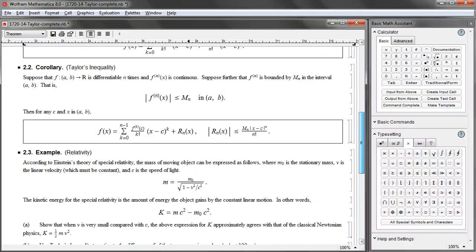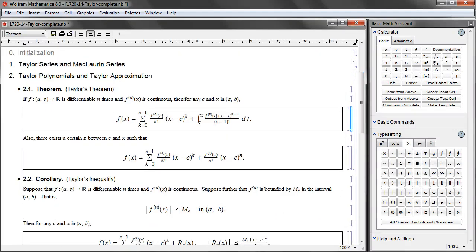Anyway, if you look at this second formulation here, we can see that the remainder can be estimated accordingly. What do I mean by that? Well, if I approximate f of x using this polynomial, this will be the remainder.